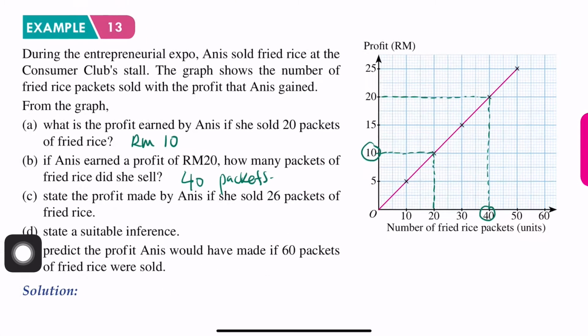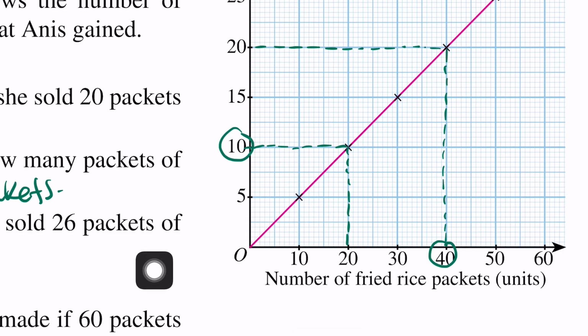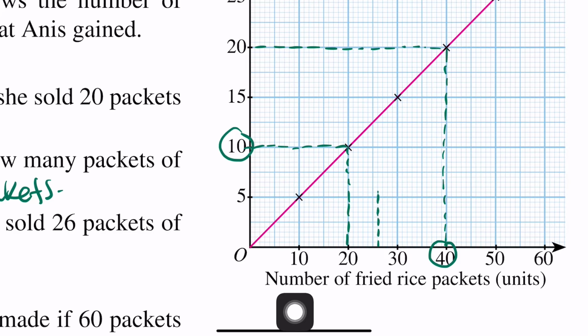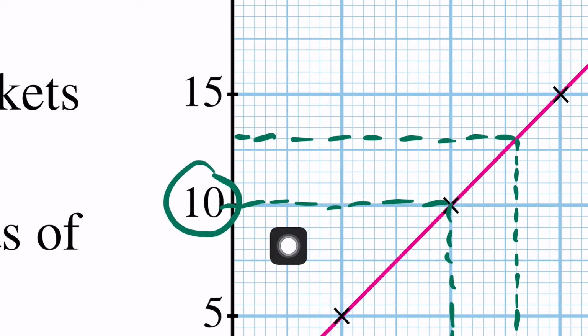So now let's zoom in. So 26, this is 25, this is 26, okay? So 26, please be careful with the grid. Now, let's look over here. You have 5 units over here, 10 grids.